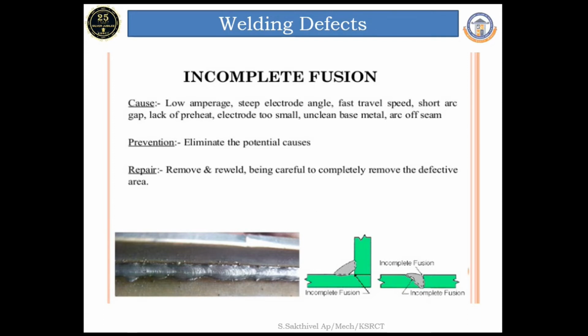Prevention: how are we going to prevent it? Eliminate the potential cause. By eliminating the potential cause, we can prevent incomplete fusion. Repairing: remove and re-weld, being careful to remove the defective area completely. Removing the defective area will reduce the incomplete fusion.